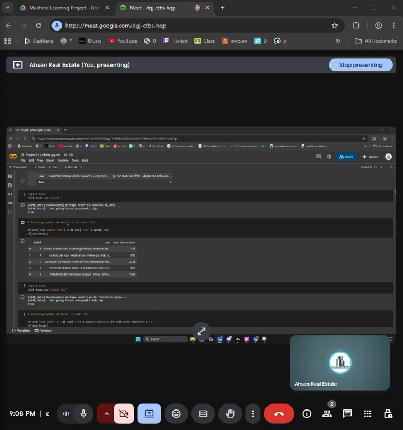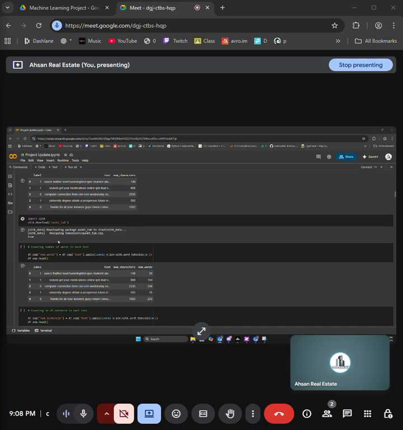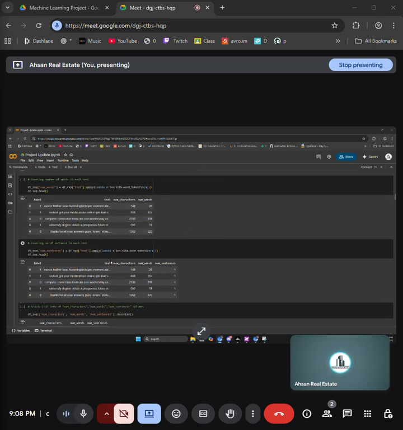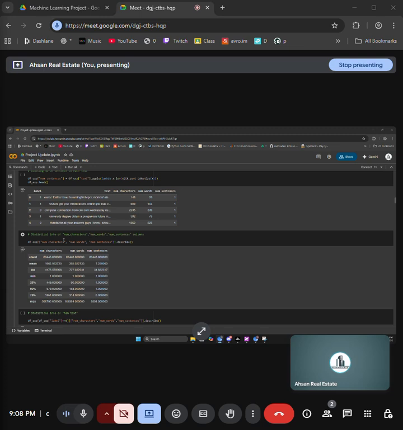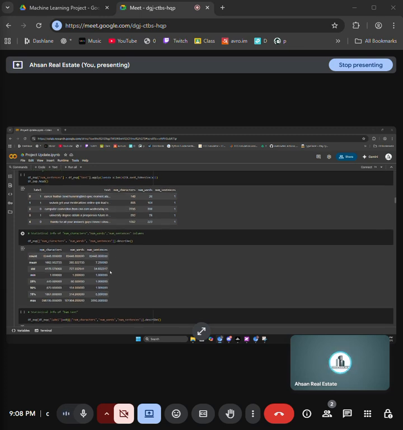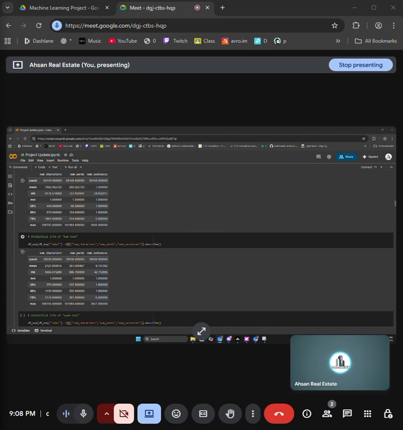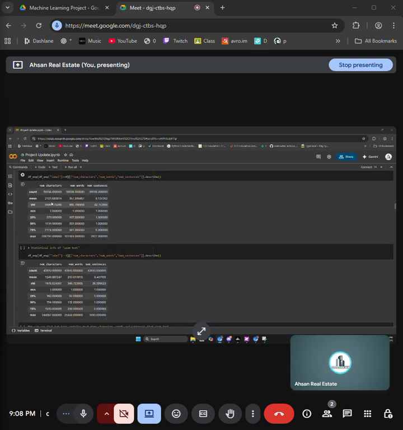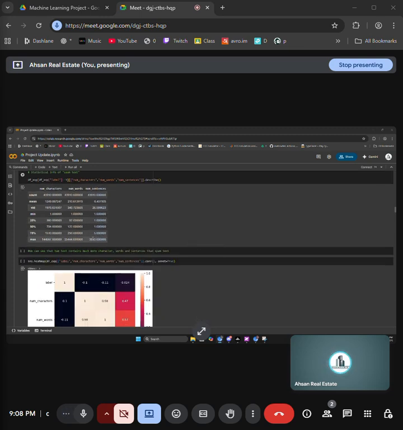With that we calculated the number of characters, words and sentences for both ham and spam, where we can see that the spam sentences have more characters and words than the ham ones.